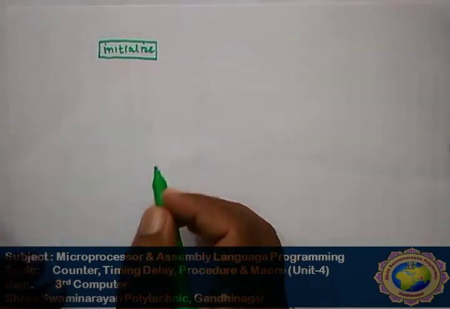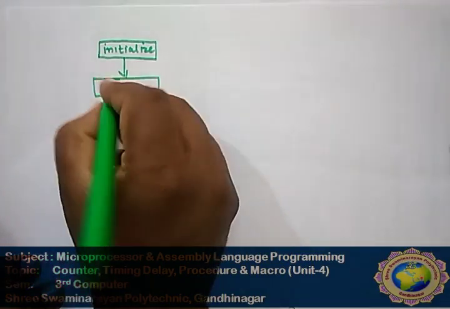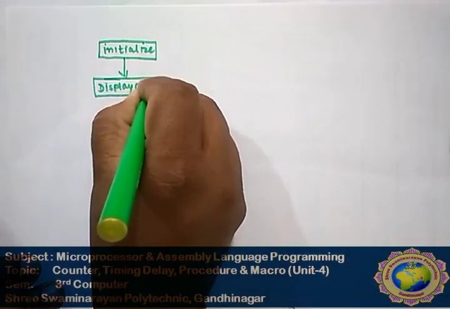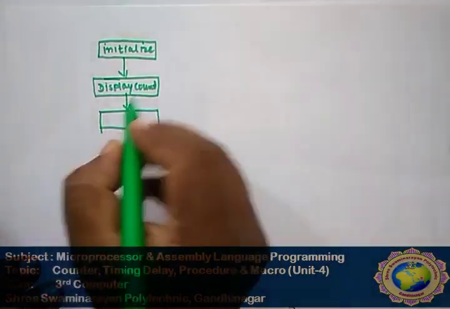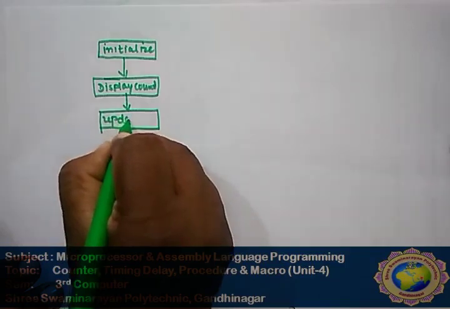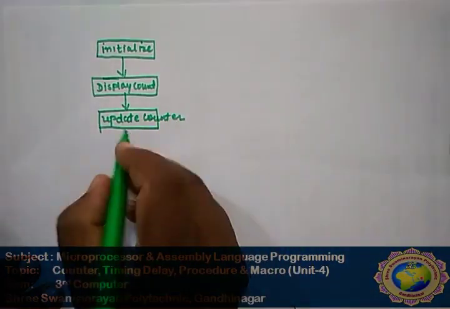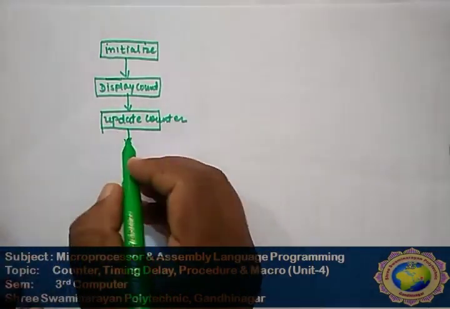The first process is initialize. Second, after the initialization, we have to display the count. Then we have to go to the next, so we have to update the counter. Then see the condition: is this the last count?